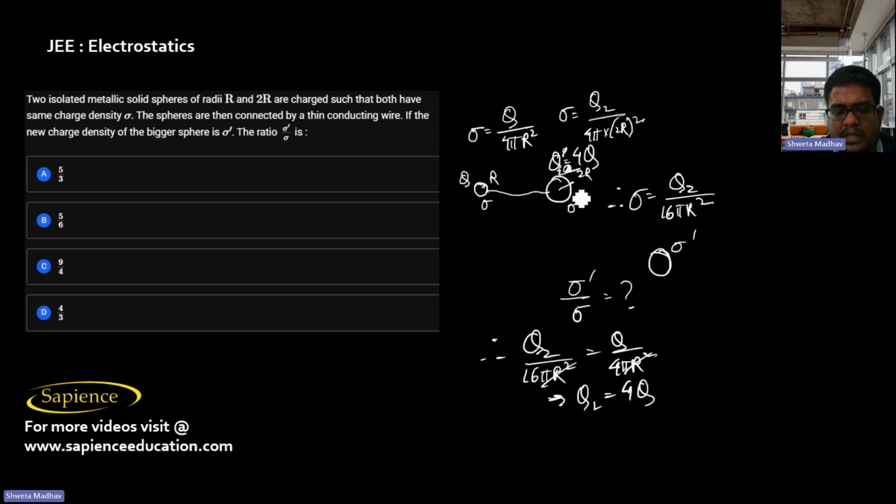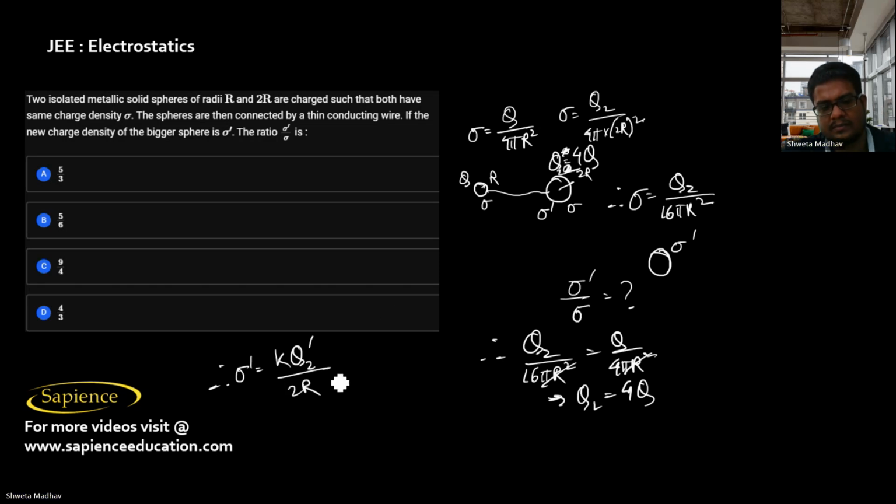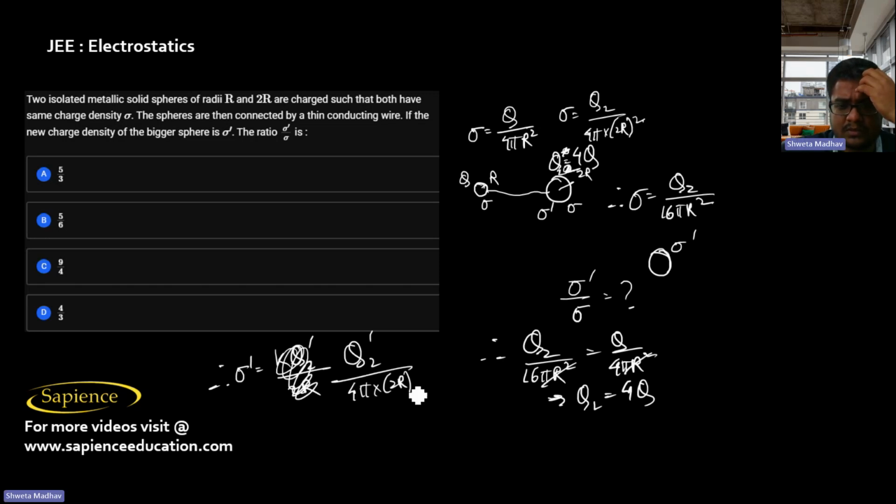Now its new charge density is sigma dash. Sigma dash equals q2 dash by 4 pi into 2r whole square, which is q2 dash by 16 pi r square.